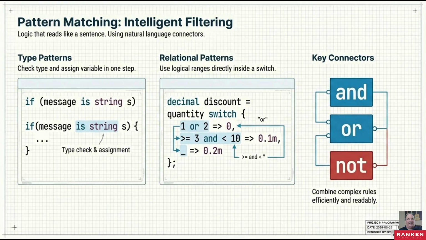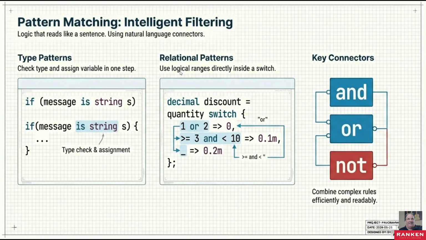So this is basically some string, some value that you're passing in, that's been defined. And if this is equal to something else, then that's going to be true. You do type check and assignment. So that's a type pattern, and we'll look at these more, not so much today, but tomorrow.